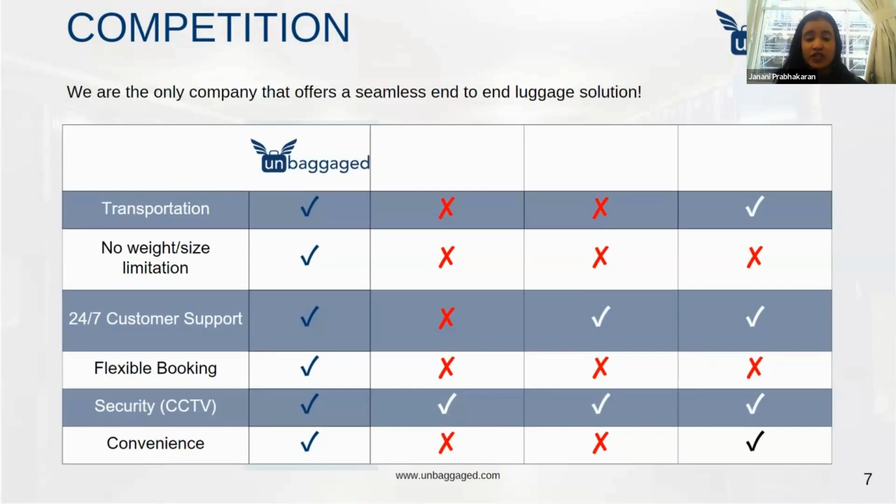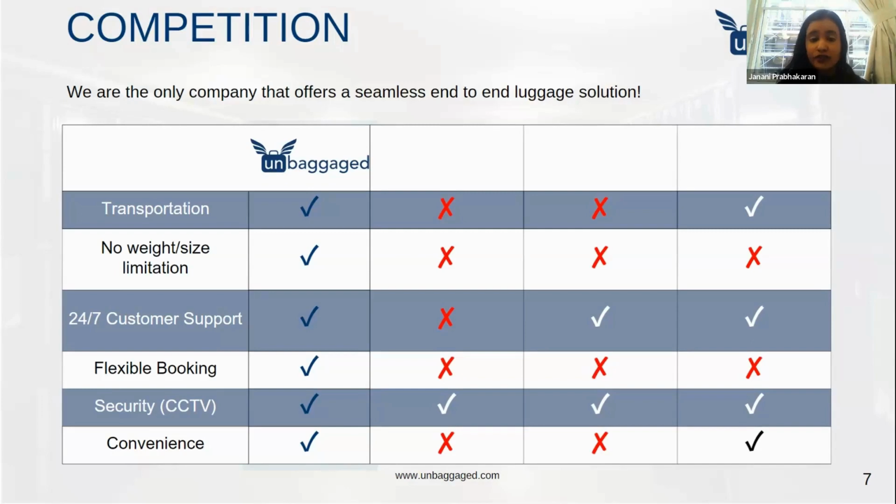Again, the transportation element is lacking. And also there's a weight and size capacity limitation there. You also have remote check-in services who pick up your bags and check in for you at the airport. The main constraint of these services is that the scalability is limited and the offering is also very limited.